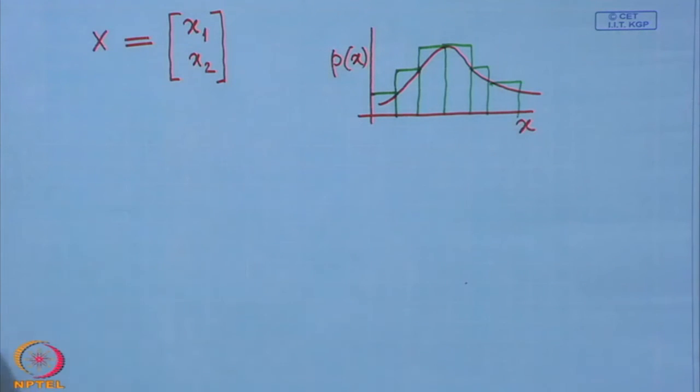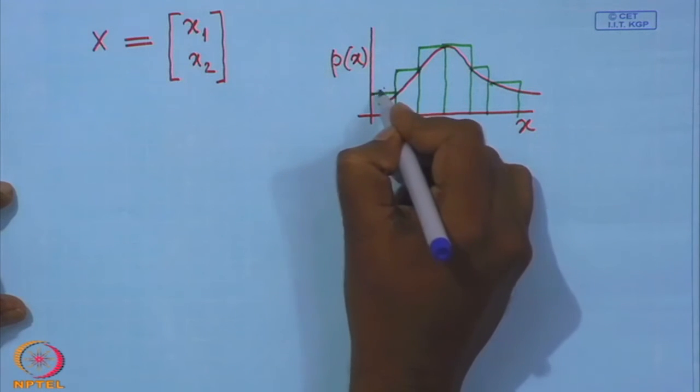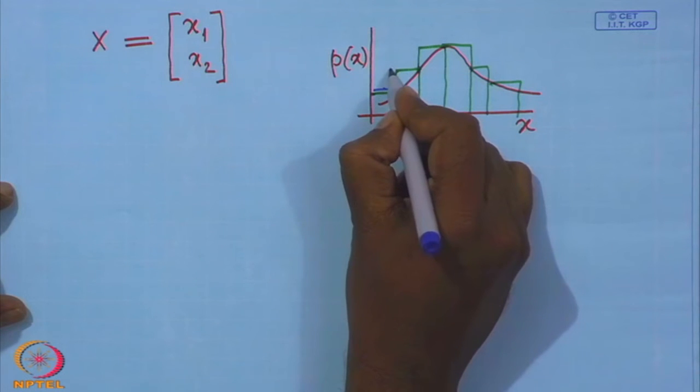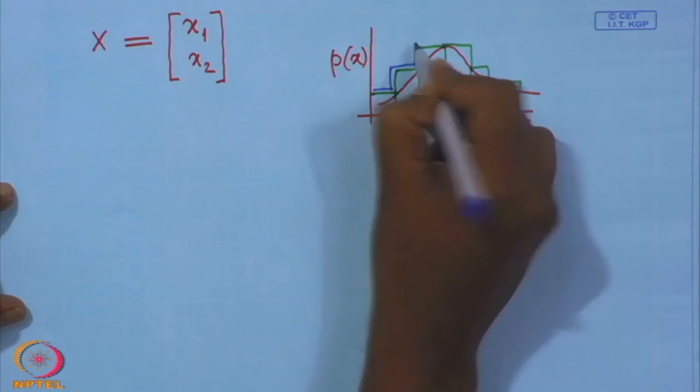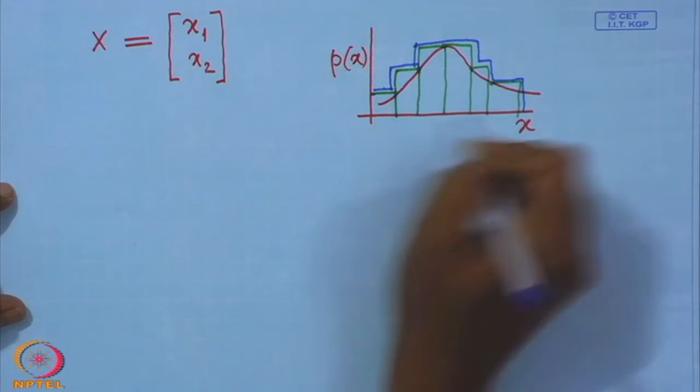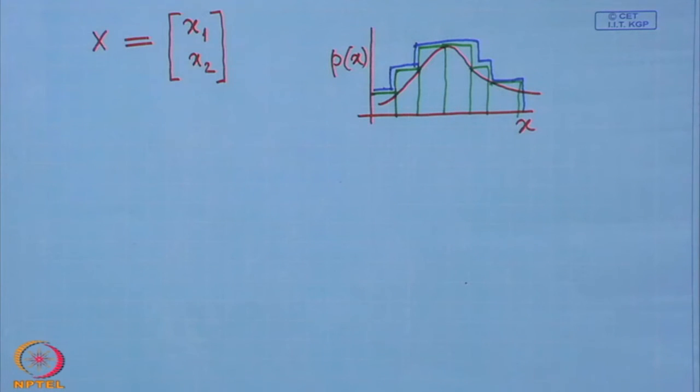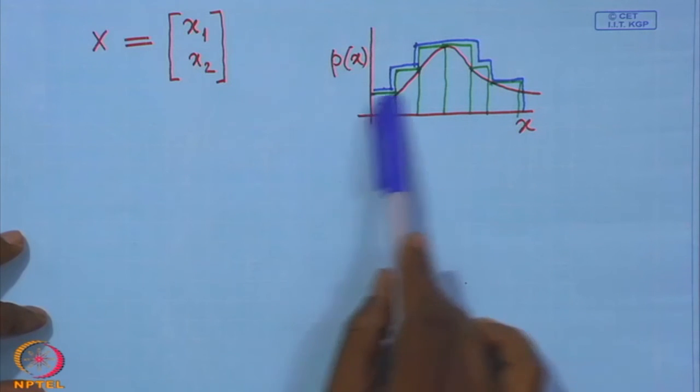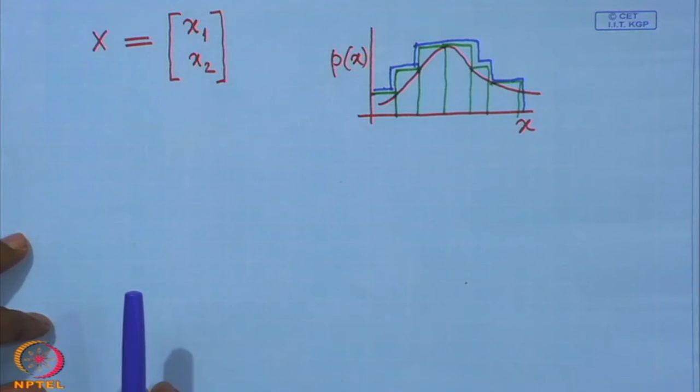And so on, where effectively my probability density curve is this one. So, find that in the one dimensional case, the probability density function is represented by a curve.